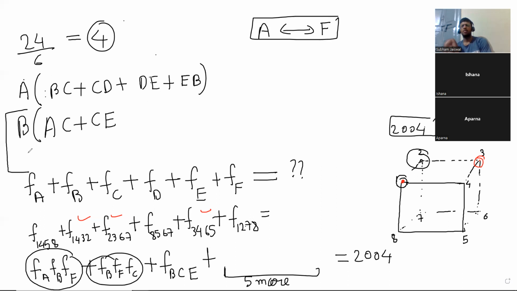But will C be common in the other four terms? Are you sure? No, because C will be opposite to something, and then it will not come in that. I doubt that.